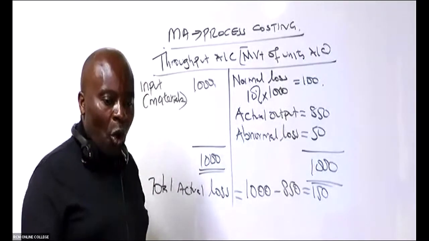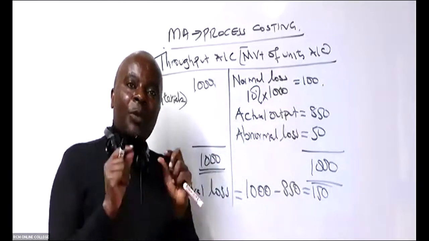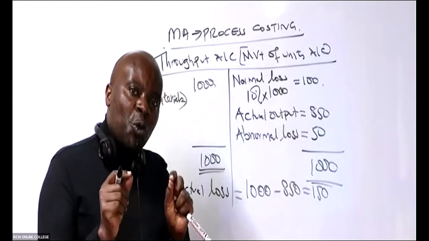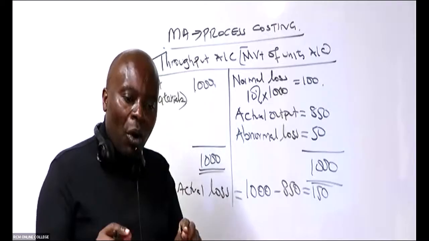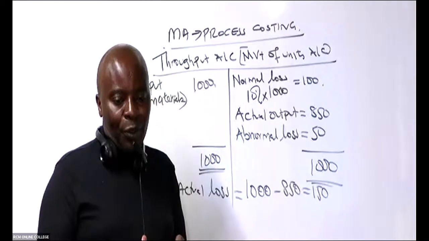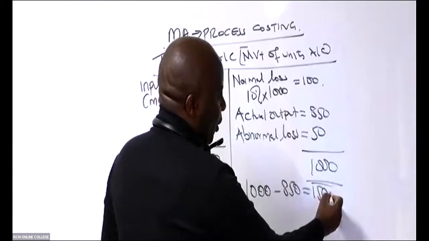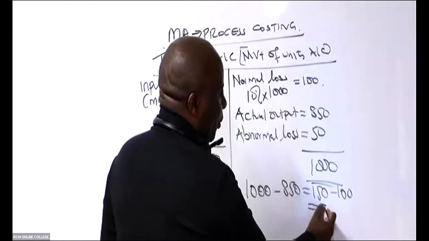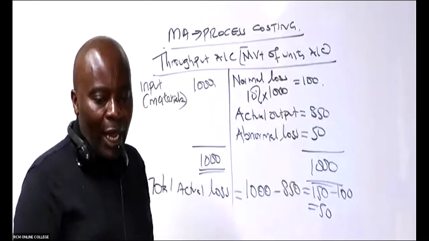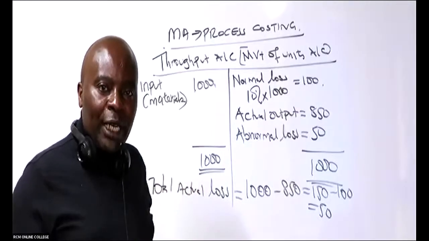And this total loss of 150 is more than the normal loss. Whenever the actual loss is more than the normal loss, you get what we call an abnormal loss. The actual loss is 150 and the normal loss is 100, so if you subtract 100, we get an abnormal loss of 50. But we don't have to go that way at all.